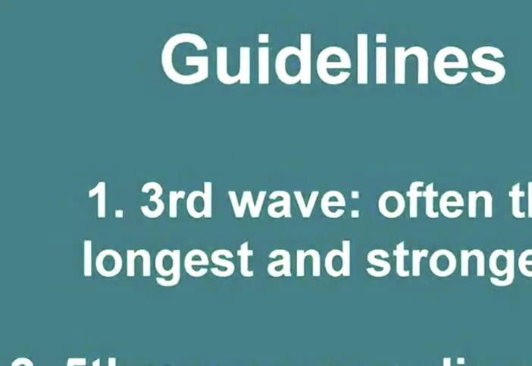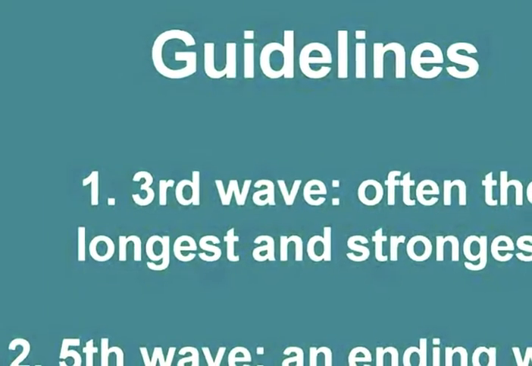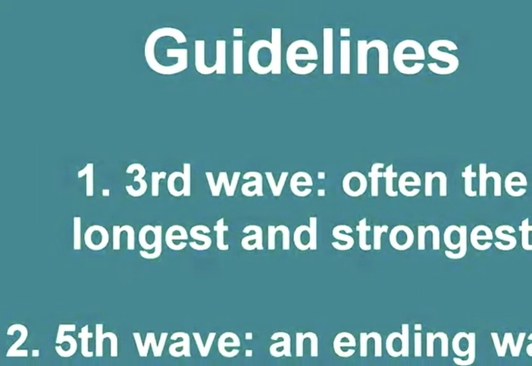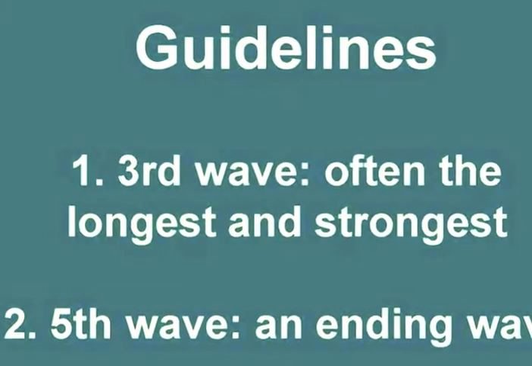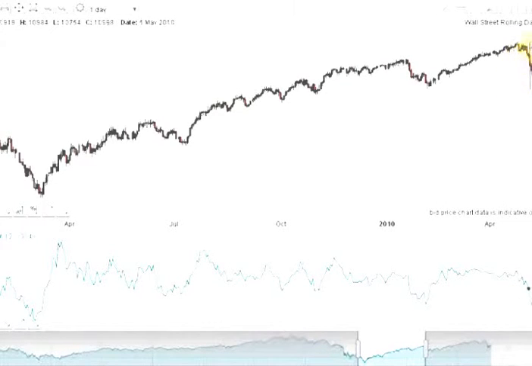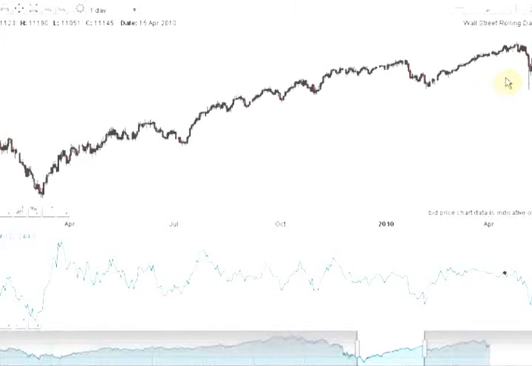The other guideline is that fifth waves, and of course this is the fifth wave in this particular sequence, is an ending wave. Now, since I'm a bit of a contrarian trader, I'm always looking for reversals of trends. So I'm looking for fifth waves because I know at the end of a fifth wave that the trend will change, and will change quite suddenly very often.